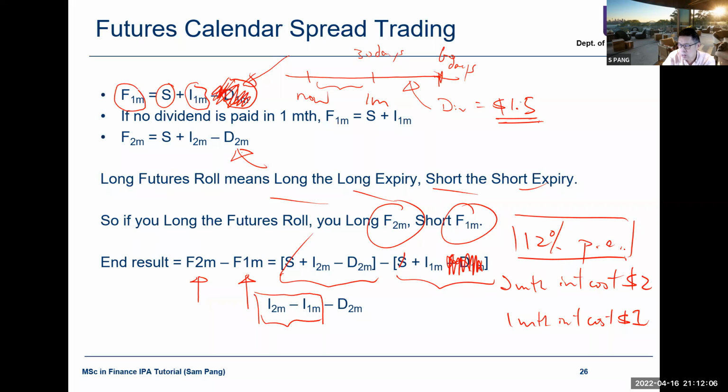So what this means is, and I'm making it really simple for everyone to follow, $2 minus $1 minus $1.50. What's that? Minus 50 cents. So that means if today you go out there and you long this futures roll, you actually will get paid. You're not paying for it. Okay, somebody will pay you. Is everyone okay?